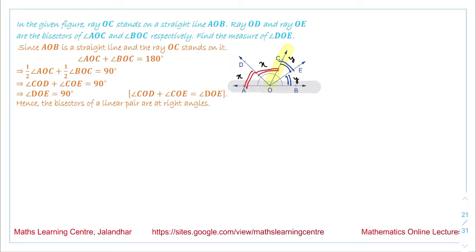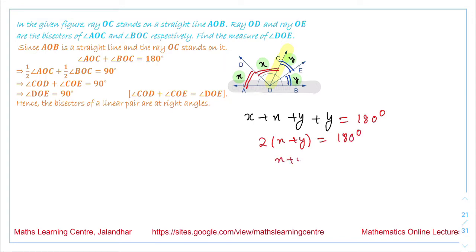Now what we get from this is that the sum of all these angles, x, y and y, is equal to 180 degrees. So we get 2 times x plus y is 180 degrees.